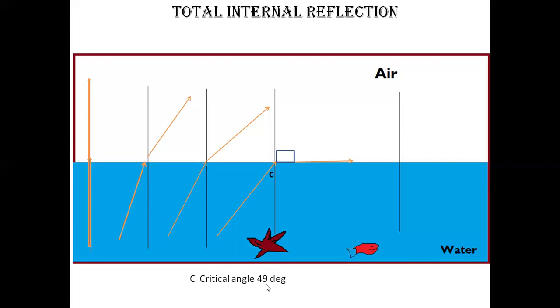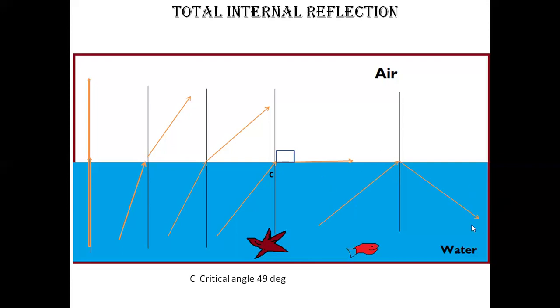So from here, we get the definition of critical angle. Okay, so the critical angle for water is 49 degree. For glass, it is 42. For diamond, because diamond is denser than glass, the critical angle is 24. So if you increase the angle of incidence more than the critical angle, what will happen?